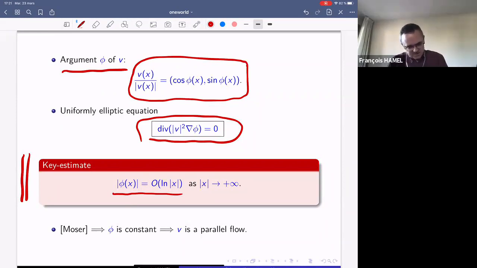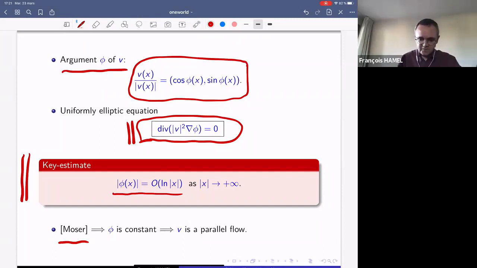And since we have this uniformly elliptic equation for the function phi, we can use a famous result of Moser based on the Harnack inequality, that if phi were not constant, then the oscillations of phi in large circles would grow at least algebraically with respect to the radius.